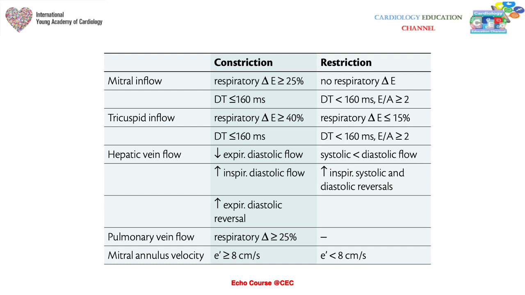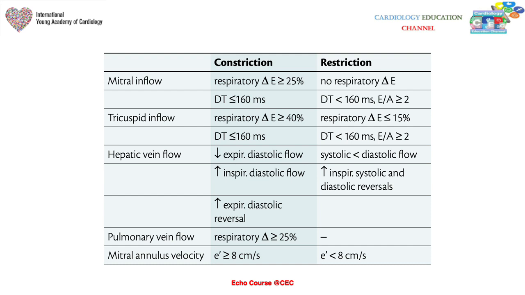In restriction, you don't have respiratory variability in E velocity, and the decel time is short in both the constriction and the restriction, but the E over A ratio is more than 2 in restriction. For the tricuspid inflow, you have a respiratory variability of the E velocity of more than 40%, and in restriction it's within normal, so less than 15%.